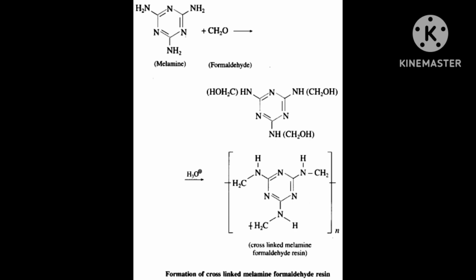Now suppose n molecules of hydroxymethyl phenol, the first product, you have taken. Then OH will join with H plus. I told you this reaction will take place in presence of both H plus or OH minus.